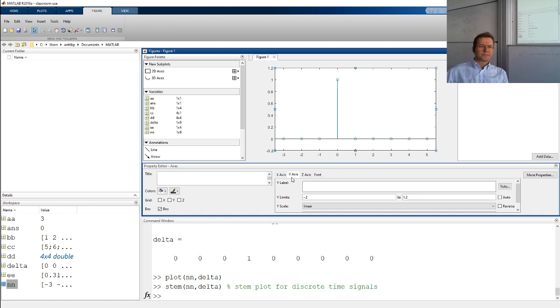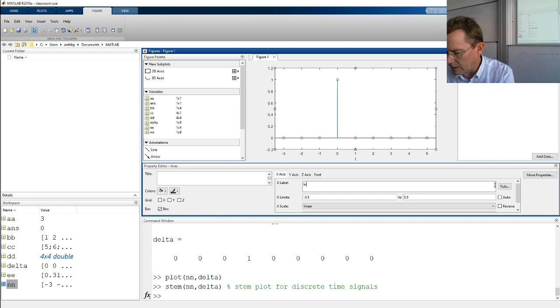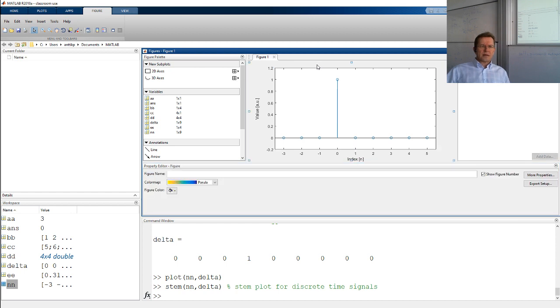Then you probably also would like to add some information about what these labels are. So we have index n on the x-axis and value, arbitrary units, a.u., on the vertical axis, and then let's see, title.